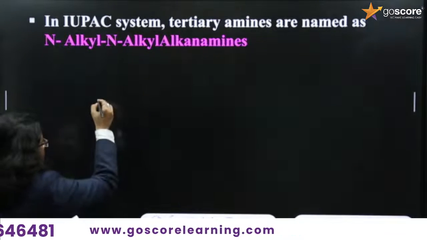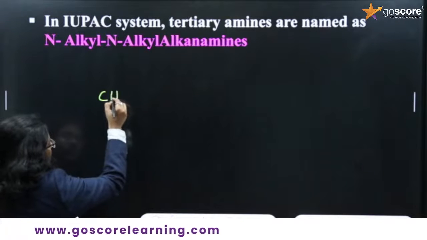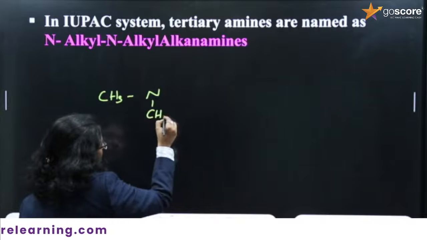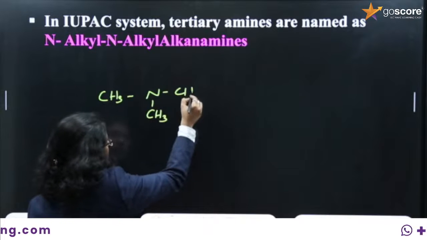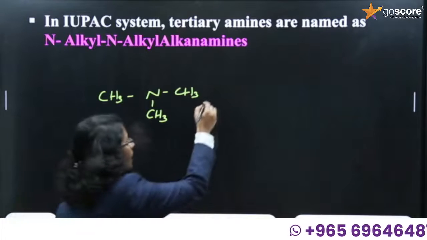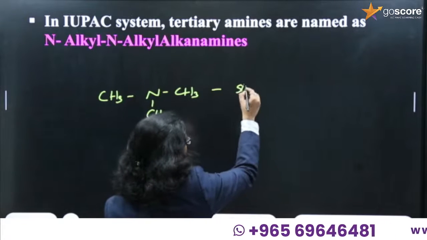If it is a tertiary amine, CH3, N, CH3, CH3. See, this is an example for simple amine. So the naming, since the same group is attached, will be N,N-dialkyl alkanamine.